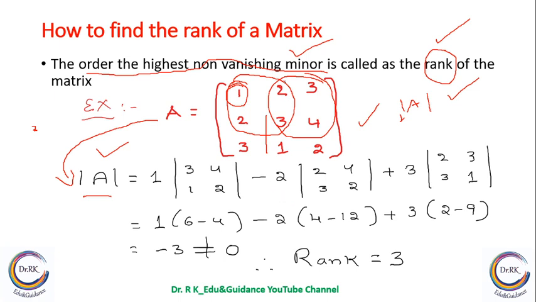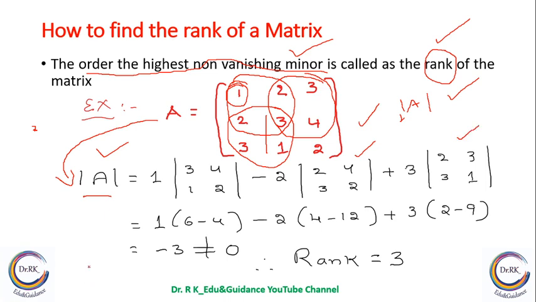So 2 into, leaving that row and column, what we get is 2 4 3 2, right? Plus 3 into, here it is minus 1 power 1 plus 3, therefore positive. Leave that row and column, we get this submatrix, so the determinant of this submatrix.